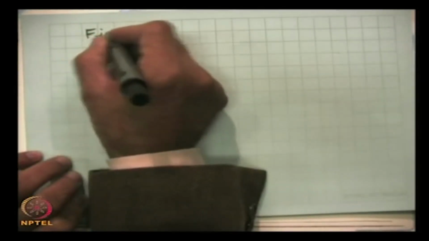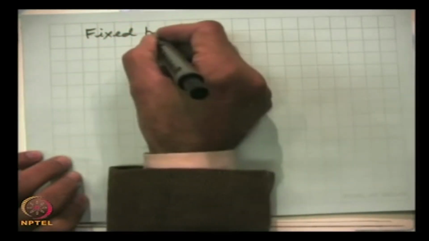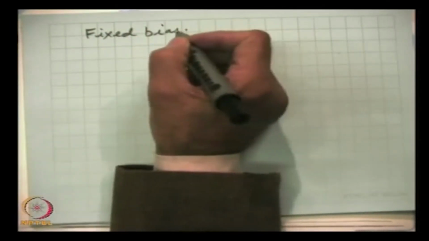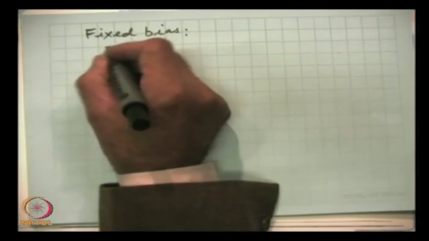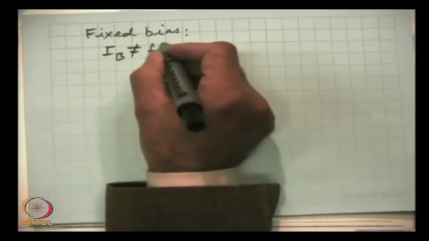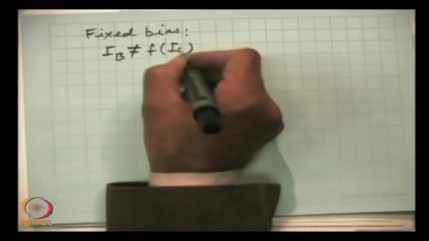First, let us see what is called a fixed bias. In fixed bias, we will see that IB, the input current, is not a function of the output current IC.